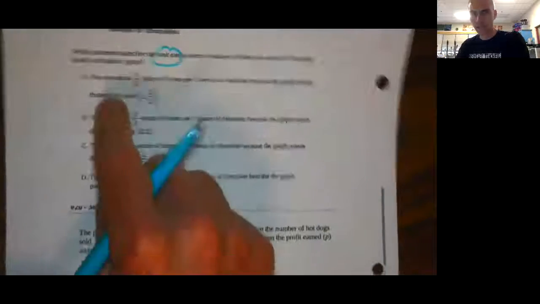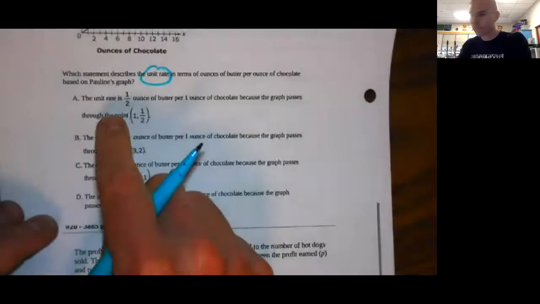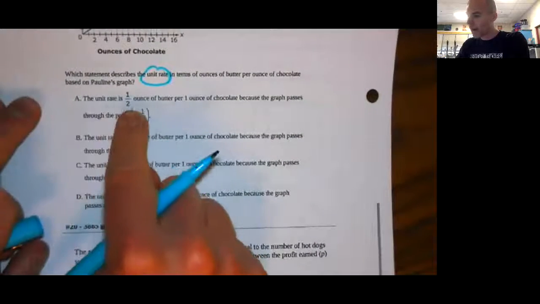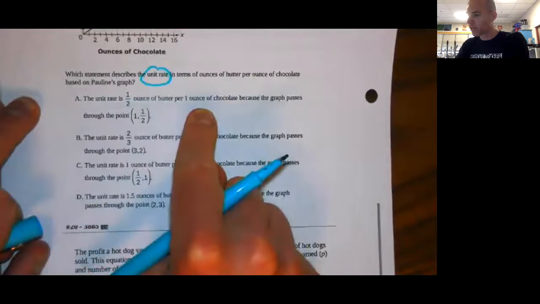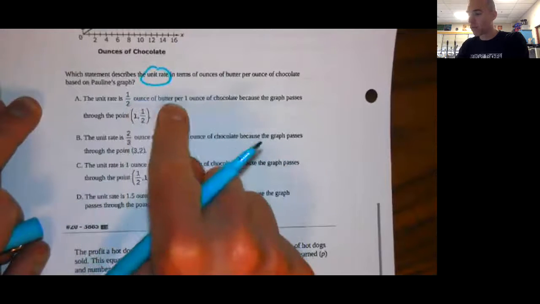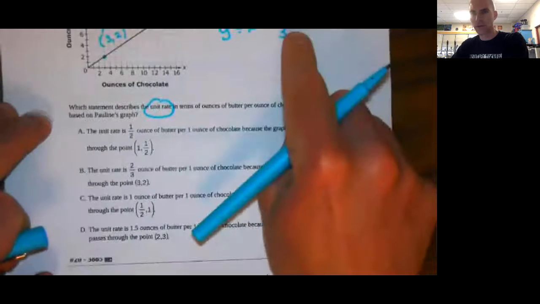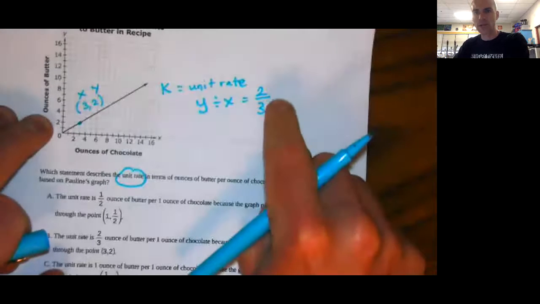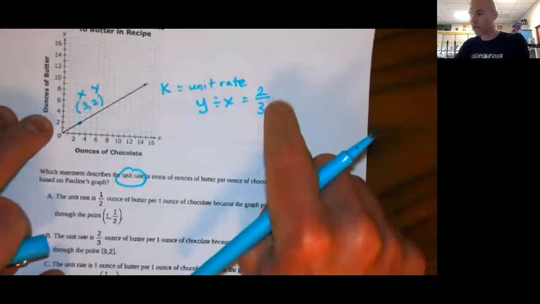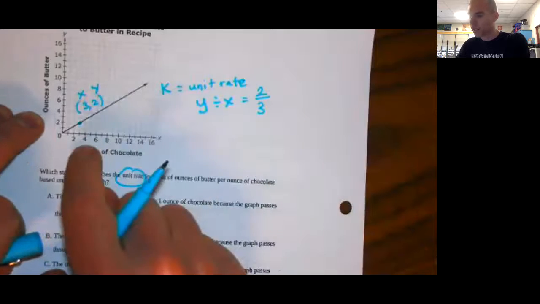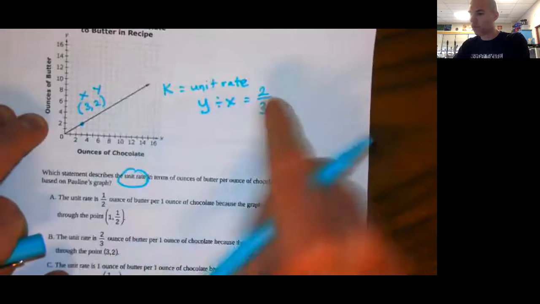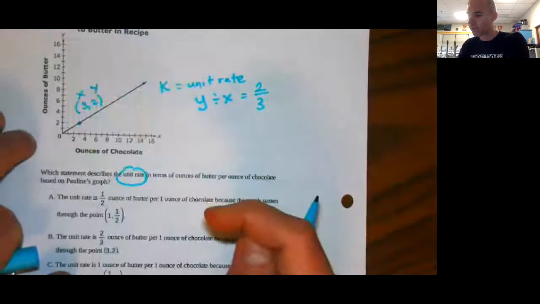Okay. Well, let's see which ones of these sound right. Unit rate is 1/2 of an ounce of butter per 1 ounce. No, it's not 1/2 to 1. It's 2/3 to 1. This is the unit rate, so this is how much you get per 1. This is how much chocolate you get for every 1 ounce of butter.